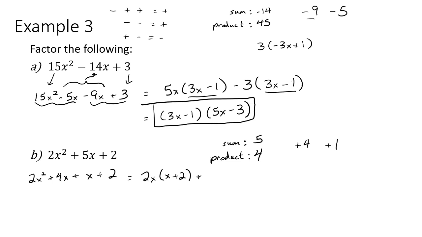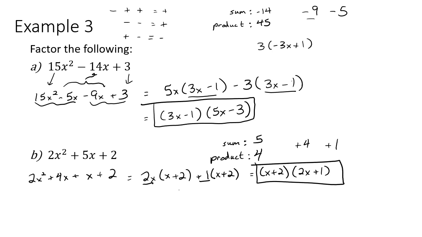So what I can do in order to put it in parentheses is factor a 1 out of both terms. That doesn't change anything. And then if I factor out the x plus 2 in common, we would be left with 2x from the first term and a plus 1 from the second.